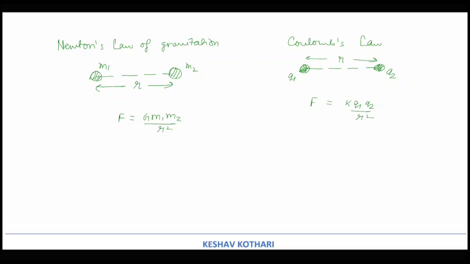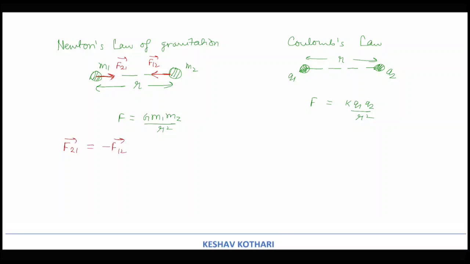Now if the comparison is done, we say that the force in case of Newton's law of gravitation is always attractive in nature. The force exerted by 2 on 1 and the force exerted by 1 on 2 are the same in this case also, that is F21 vector is equal to minus F12 vector.